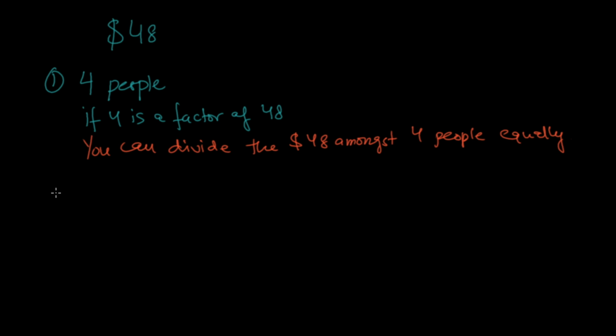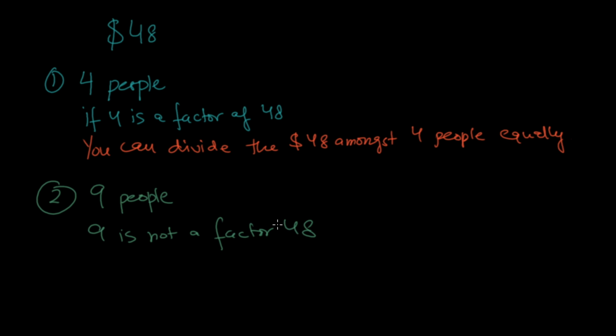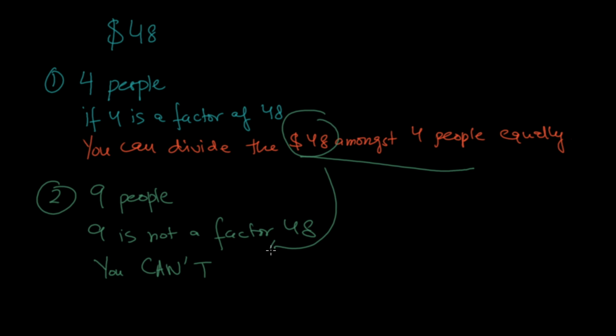But what if we have like 9 people? So 9 is not a factor of 48, which means that you can't divide the $48 amongst 9 people equally.